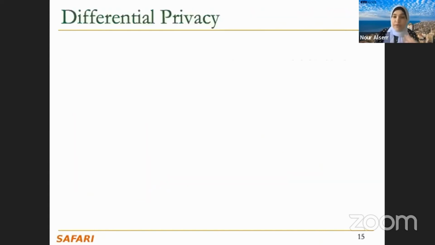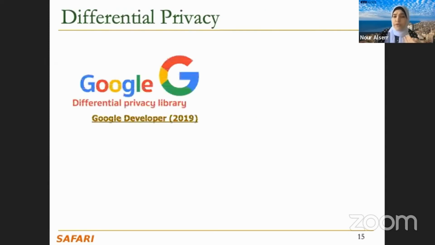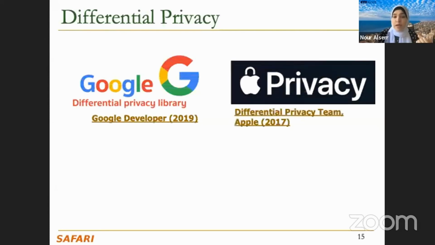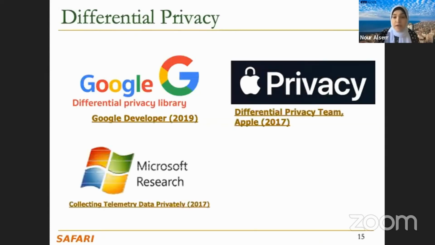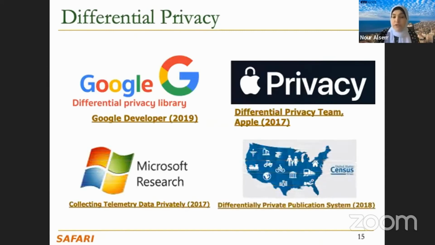Differential privacy is currently used by many big companies for collecting data, for example Google for crowdsourcing data, Apple for examining the information shared by customers, also Microsoft Research, and finally the Census Bureau, one of the biggest census organizations in the United States.